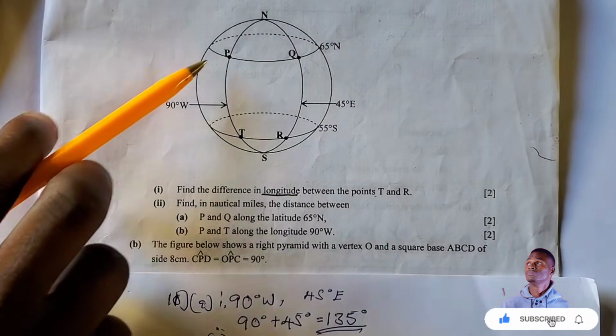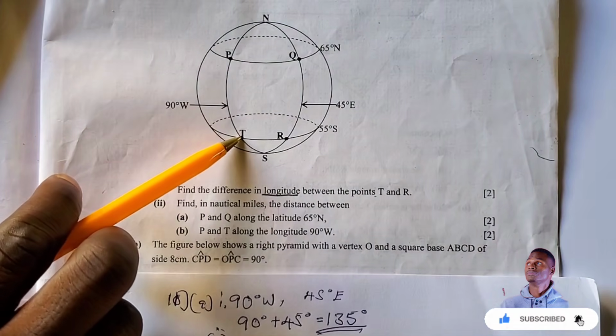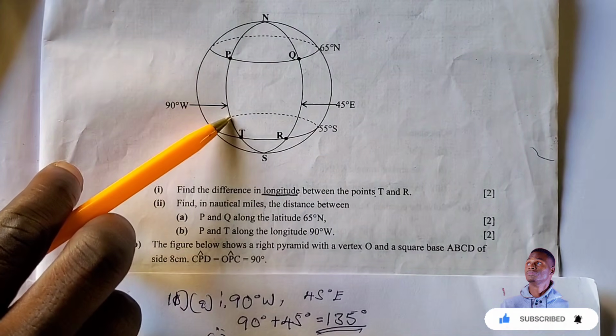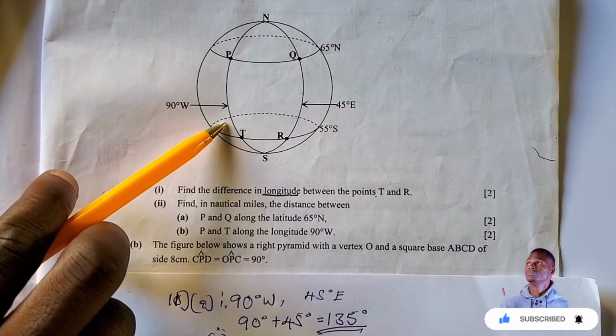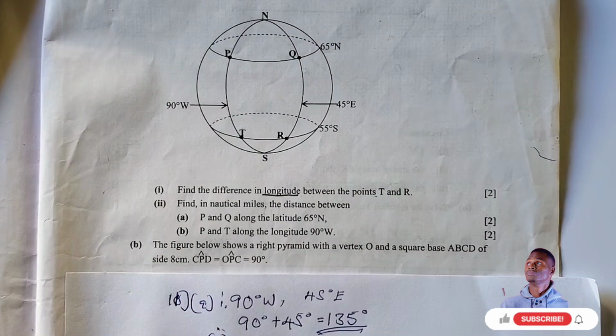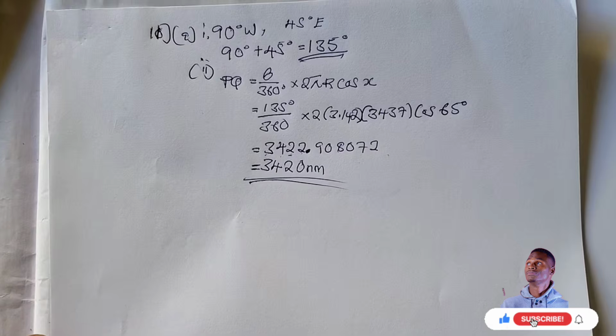The second question, 2B, is saying find PT. This distance is along the line of longitude, and the formula is different.